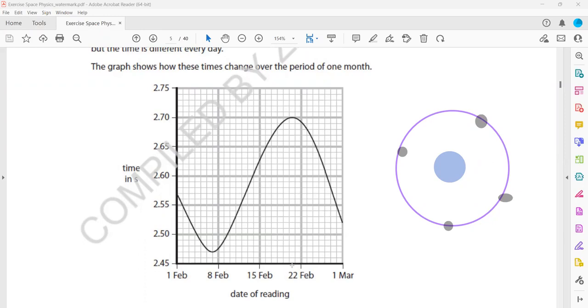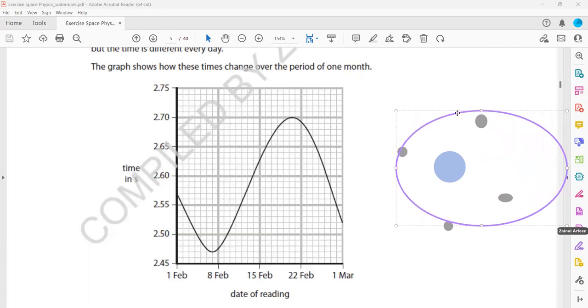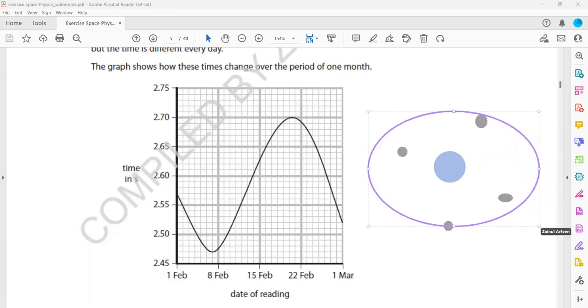So what we conclude from this is that the orbit of the moon is not a perfect circle. Actually, it is slightly elliptical. So when its orbit is elliptical, when it is closer to us, the light is reflected in a short time.